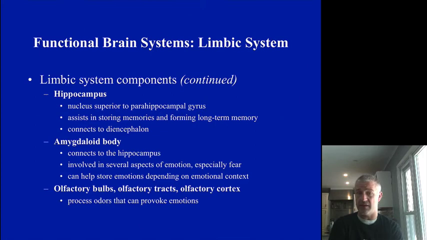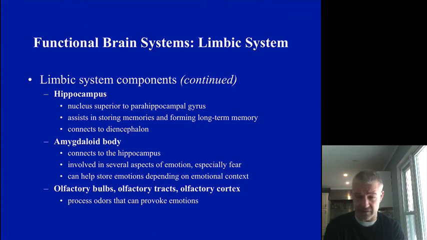Same thing with the amygdala, or the amygdaloid body. It's connected to the hippocampus, really involved with emotions, especially fear. This is really triggered in fear responses, and the emotional context of memories is going to be involved in that storage.